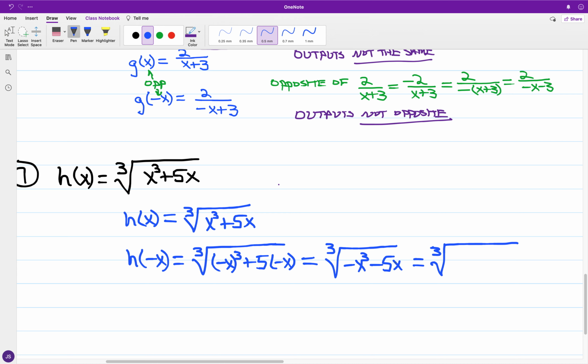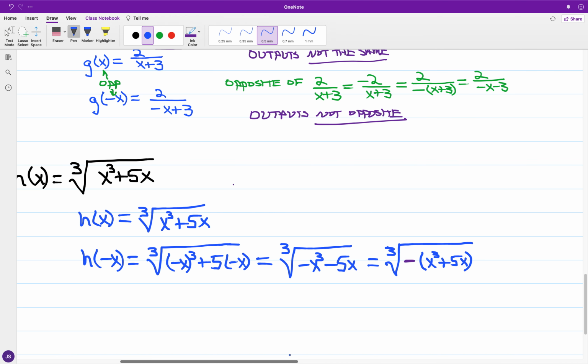Now for negative x cubed minus 5x, if I factor out the negative, we get the negative of x cubed plus 5x.